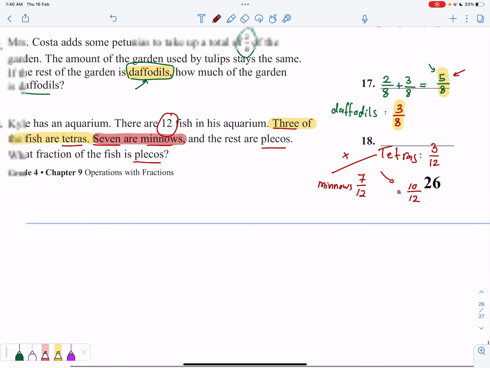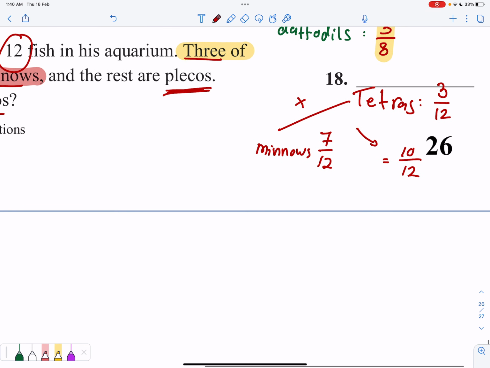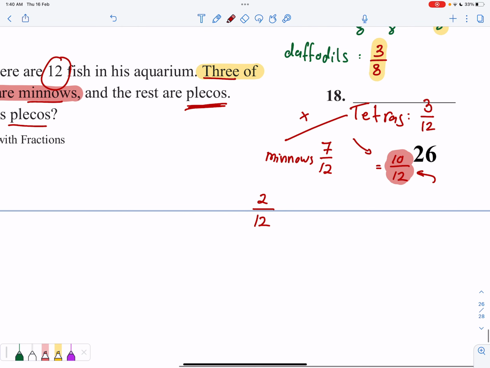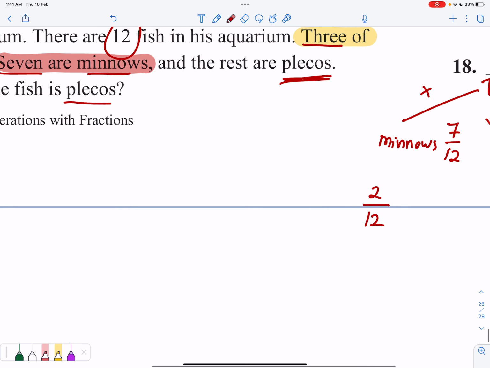So how much is left for the rest, which is the third kind, the plecos? We just have 2 left out of the 12, right? Because here I have 10 fish out of the 12. So to finish the 12 out of the 12, we will just have 2 fish out of 12.